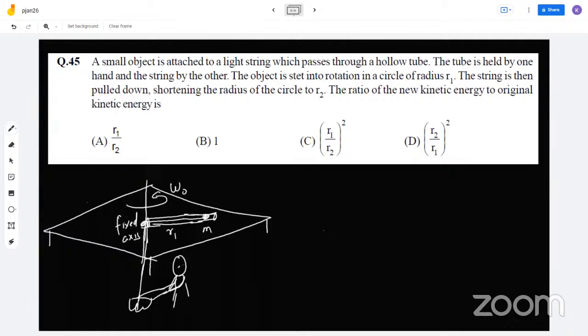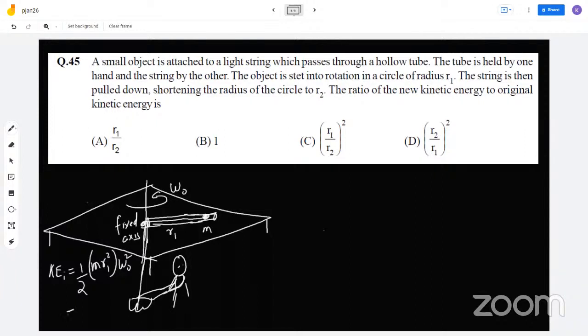You can find the initial kinetic energy. Point mass, so its moment of inertia will be mr1 square, into omega naught. Kinetic energy is half I omega square.